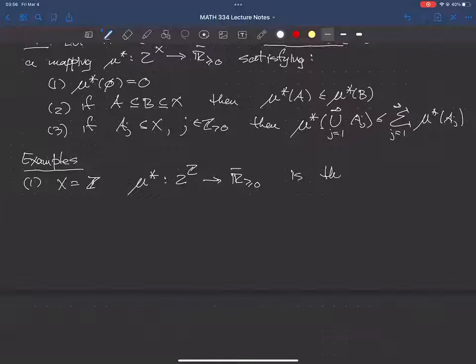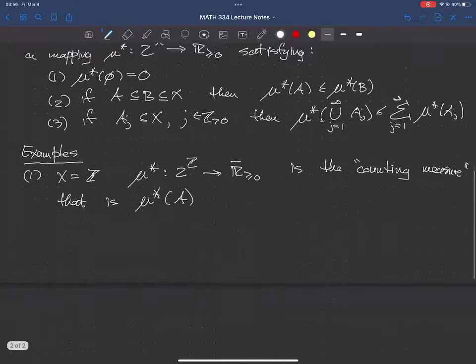Let's take this to be what's called the counting measure. So if you take a subset A of integers, this is simply the cardinality.